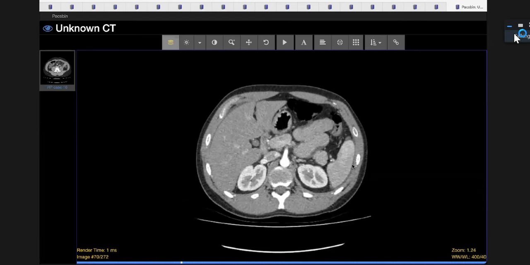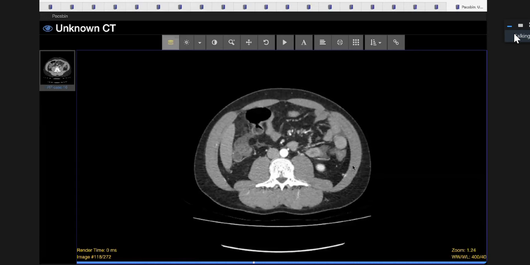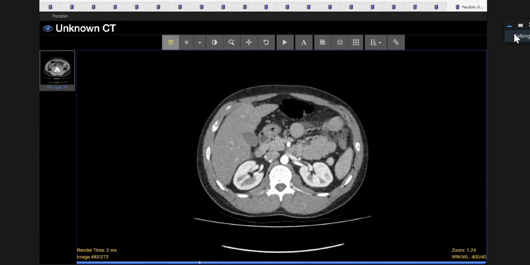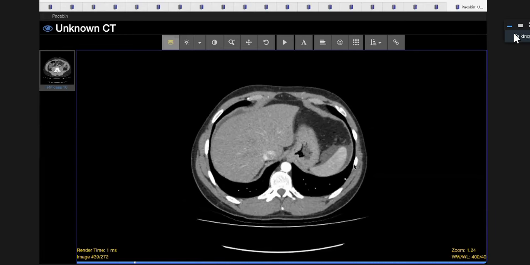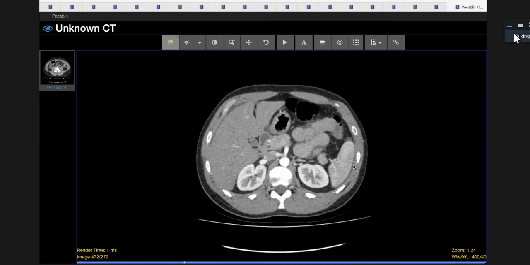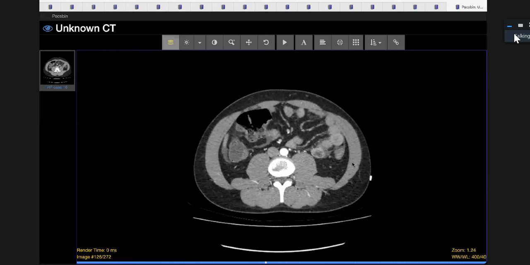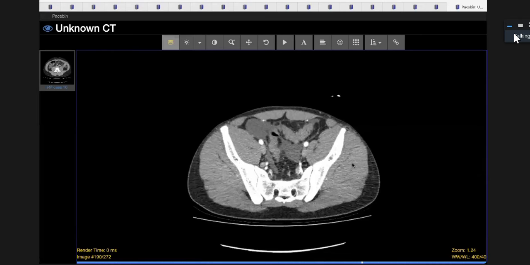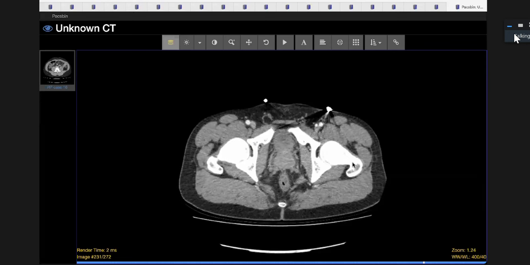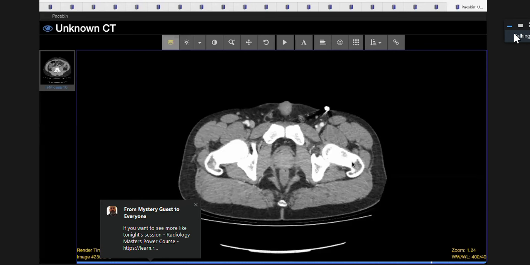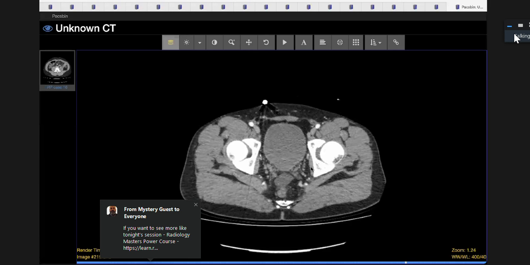So where would you be thinking? It's intraperitoneal, so I'm going to go through the solid organs mainly. The liver is okay. The spleen, the kidneys, the pancreas are okay. When I go to the pelvis, I do see that the bladder is a little more hyperdense than the normal pattern. Inside the bladder, there's a bit of.